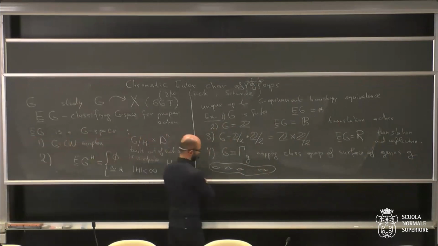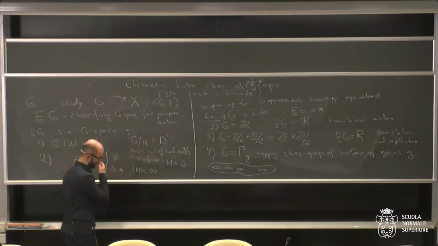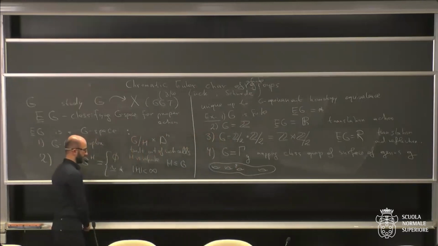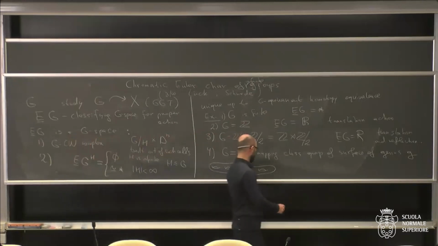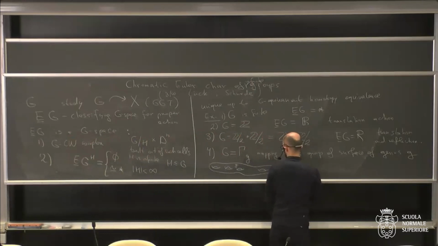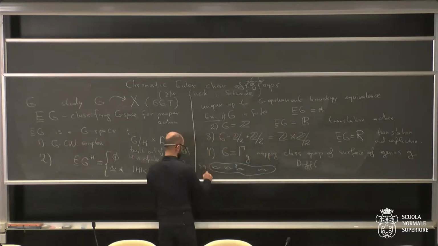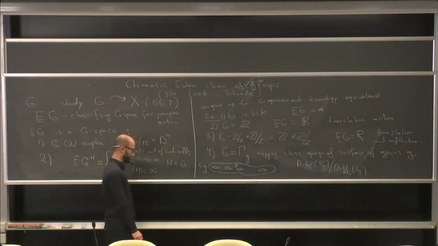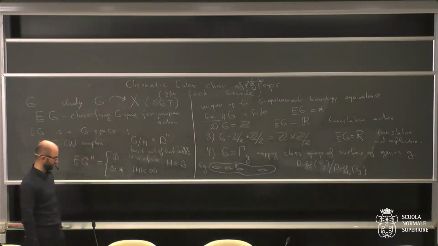So you have G many holes here, so the genus is G, and the mapping class group is just: you can take self-diffeomorphisms of this surface S_G and divide by the component of the identity.